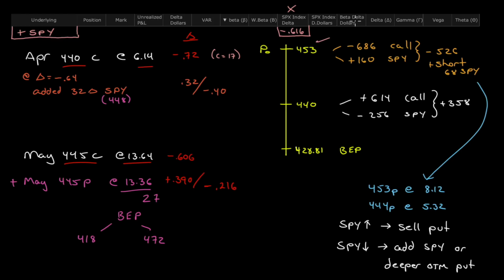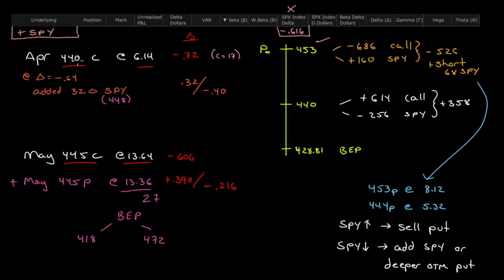I am underwater basically on the April 440s because my break even is 446. We're at 453. And at 13.64, the current price of the call puts me negative on that one. So what I've done is I add to my position.